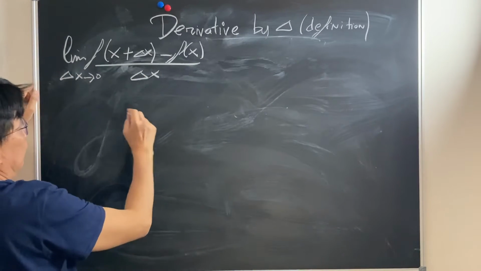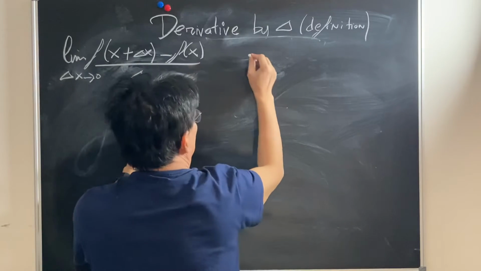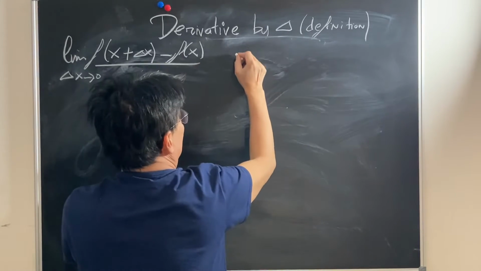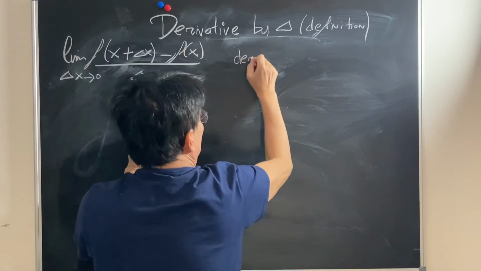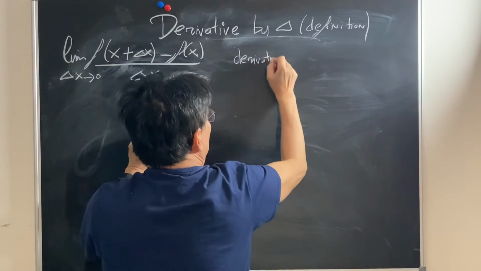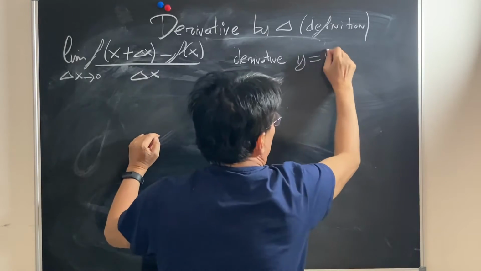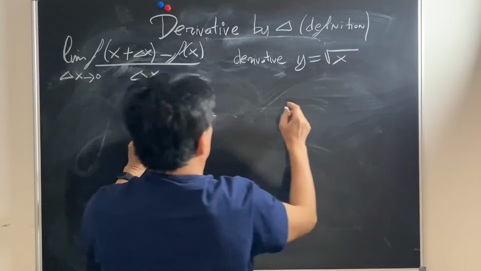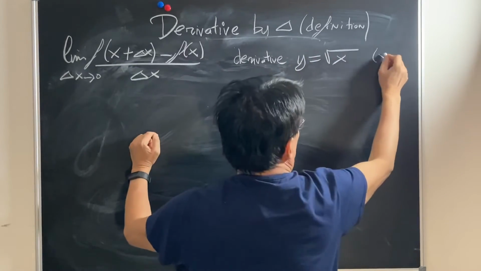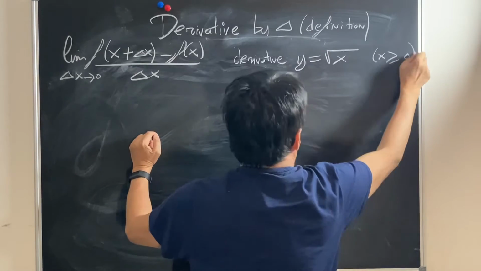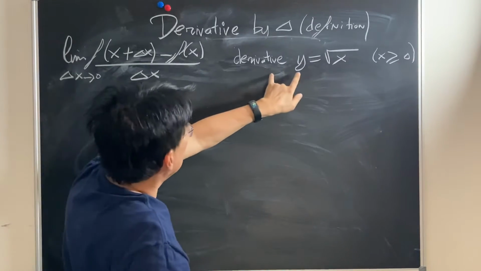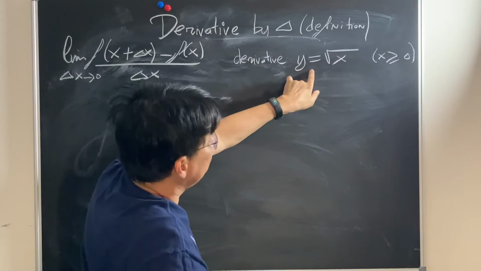Okay, let's say we take the derivative of y equals square root x, where x is greater than or equal to 0. Derivative or slope is the same thing.